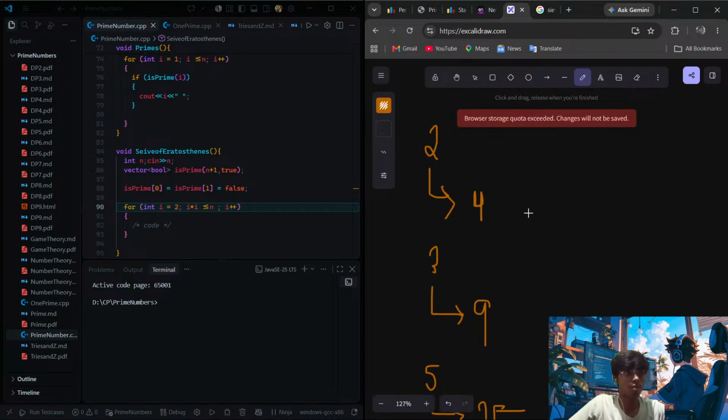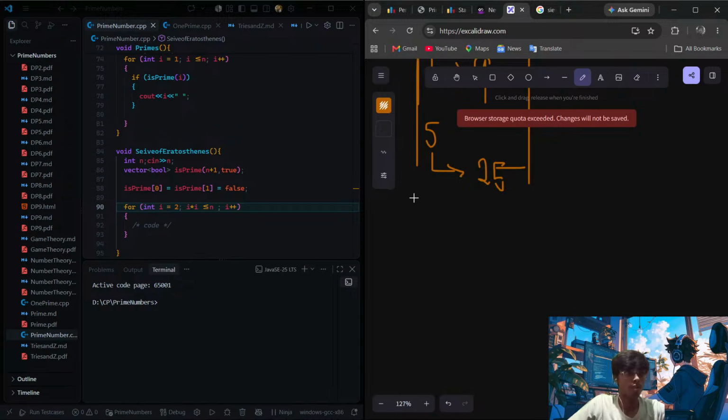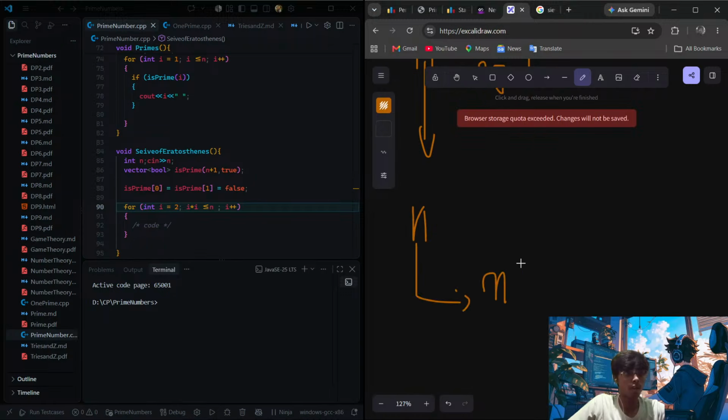So basically this is the outer loop and this is the inner loop. Now suppose the outer loop goes till n, then the inner loop would go till n square. Will I ever get an n square element?